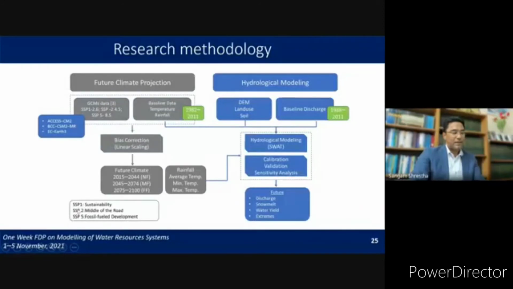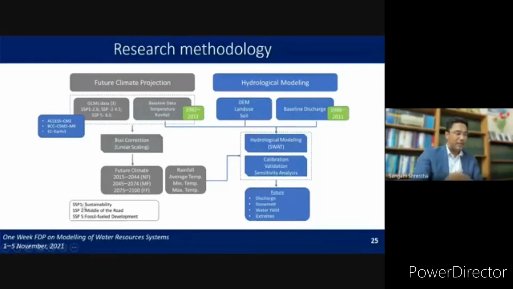So there are 5 SSPs of data available, and the meaning of these SSPs is how the socio-economic development will take place in the future, because the greenhouse gas emission depends on the socio-economic development and also the different kinds of climate change mitigation and adaptation policies.